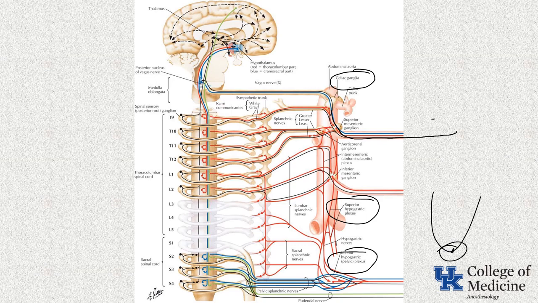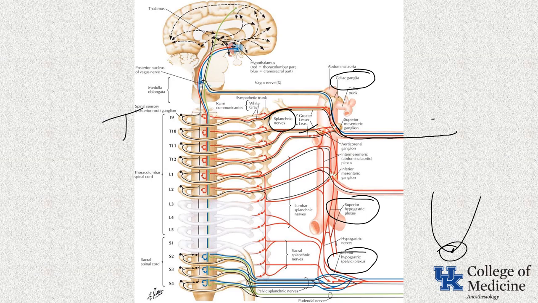After these fibers synapse in their corresponding plexi or ganglia, they travel to the spinal cord via splanchnic nerves. So from the celiac ganglia to the spinal cord, they travel via thoracic splanchnic nerves, which have three divisions, the greater, lesser, and least.